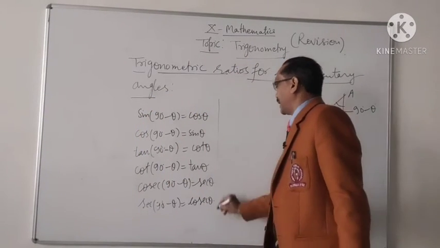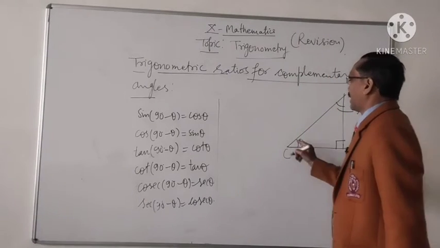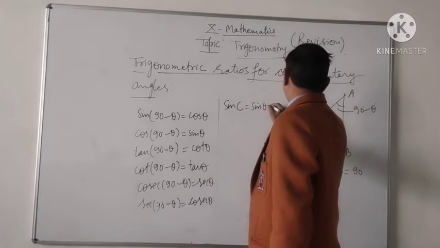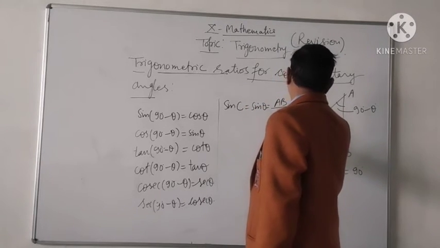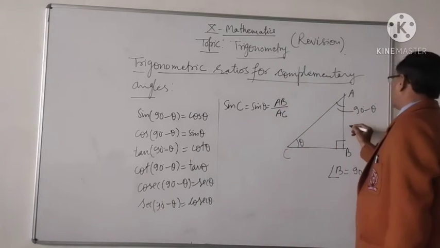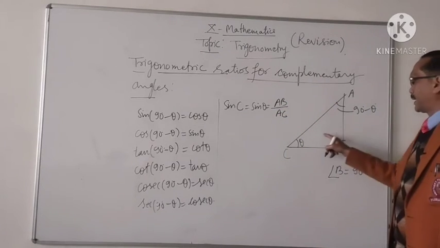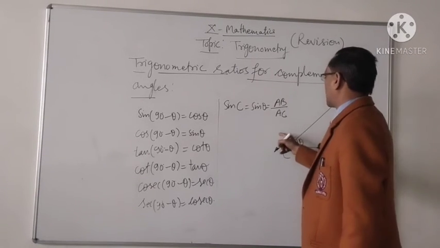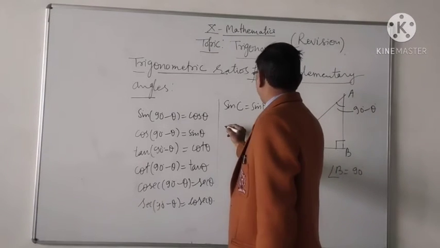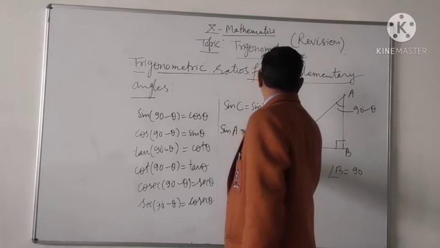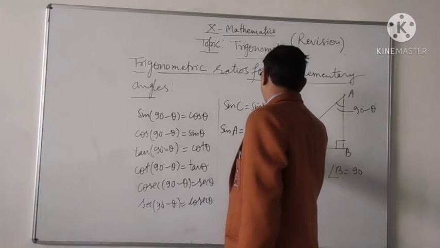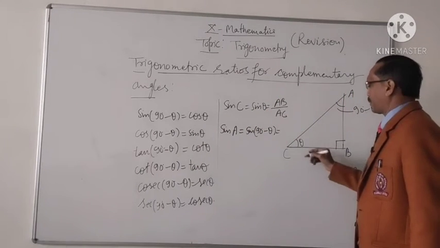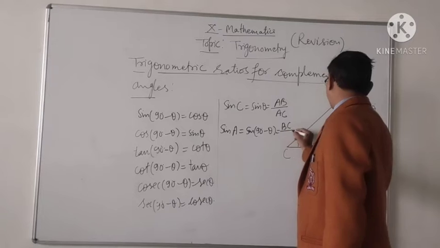Student, for the proof of this, see, this angle is theta. If we write sin C, meaning sin theta, it is AB upon AC. Here AB is perpendicular for the angle theta, and BC is the base, AC is the hypotenuse. If we write sin A, then it is sin 90 minus theta. For this, BC is the perpendicular, so it is BC upon AC.